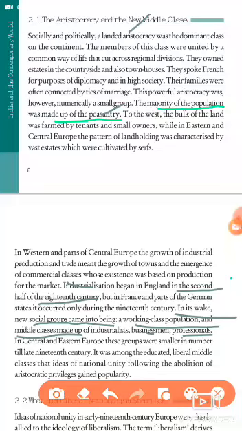In Central and Eastern Europe, these groups were smaller in number till late 19th century. It was among the educated liberal middle classes that the idea of national unity following the abolition of aristocratic privileges gained popularity. So with the coming of industrialization, a new social group emerged.